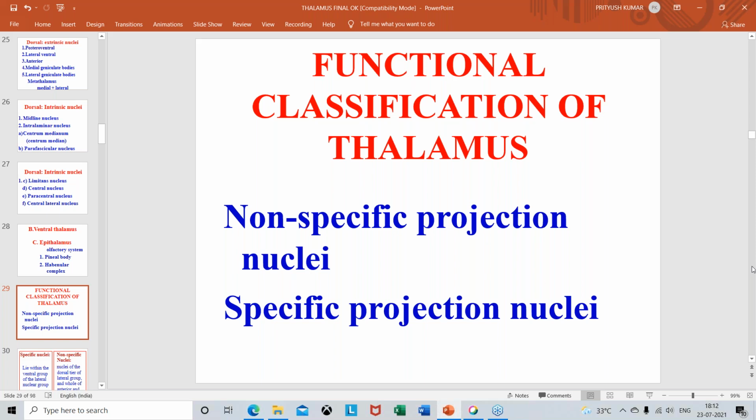This functional classification is further divided into non-specific projection nuclei and specific projection nuclei. The specific projection nuclei project to a specific area, and the non-specific projection nuclei project to non-specific areas. So there is a difference between these two.